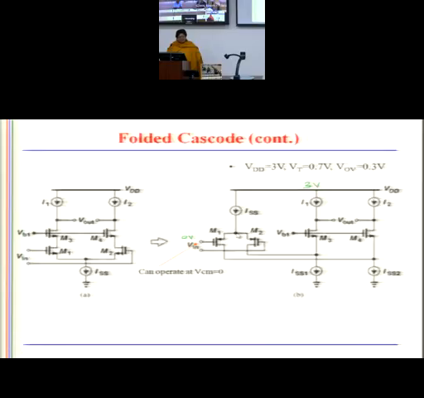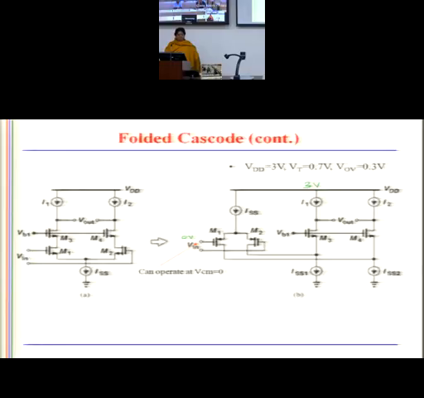And then this goes to ground through ISS. So this node will go to VDD through ISS. Okay? And then each one is a folded arm. So you have a fold over here. And because you have to have a current ISS, meaning a current I1 and a current ISS by 2 through each arm, I need to complete my circuitry, so I have to put a current source here.